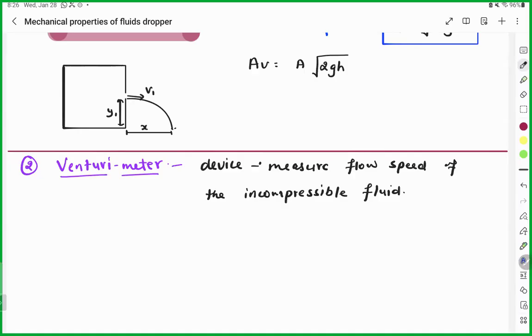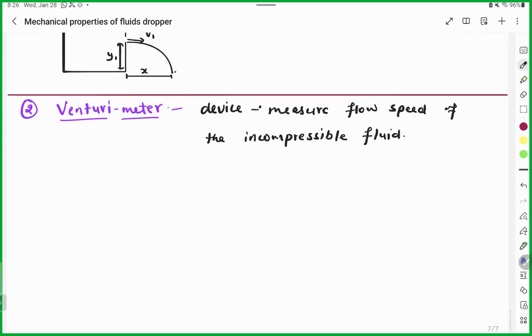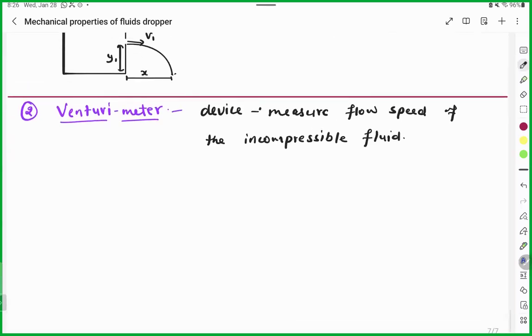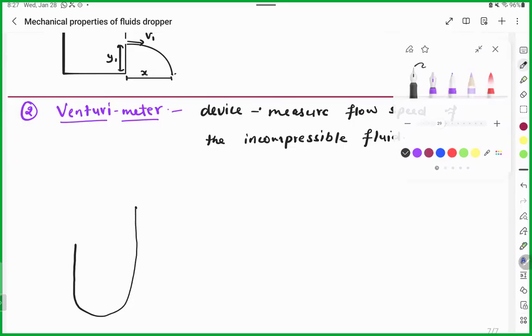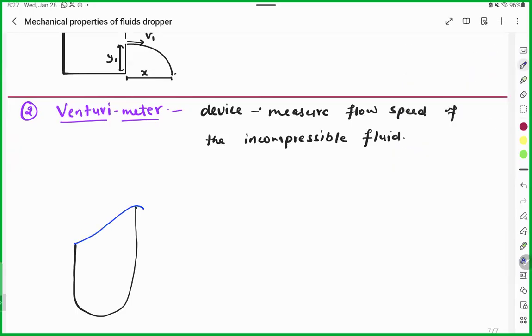And in this case, if you draw a diagram of the venturimeter, what will happen? You will have different heights like this. And so there will be two ends and a tube like this.